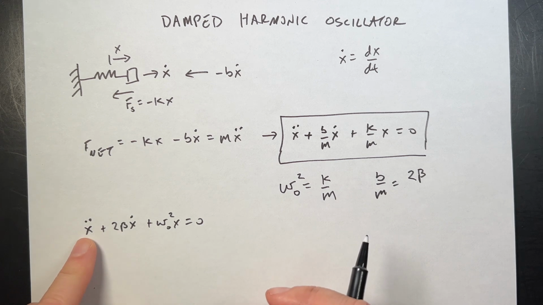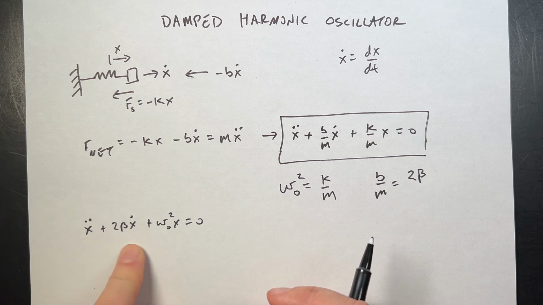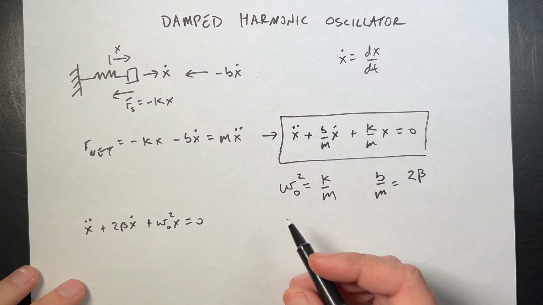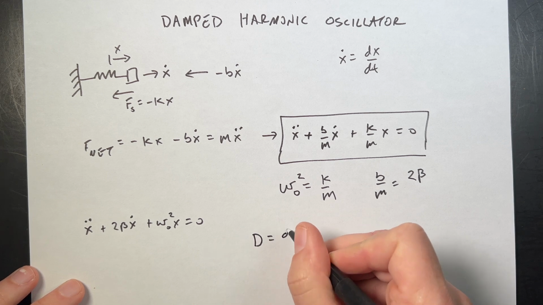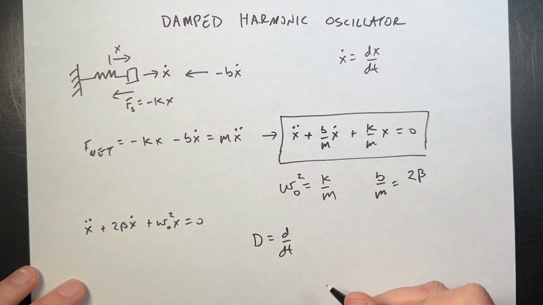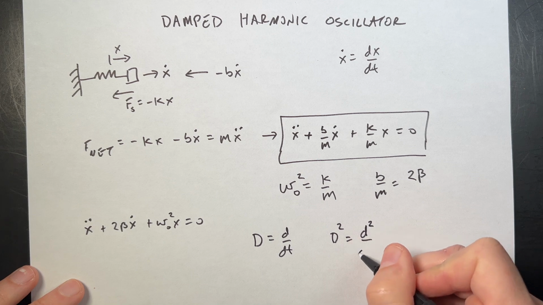Okay, now let's do another substitution. I have x double dot, the second derivative, I have x dot, the first derivative, and I have x. So we can make this look like a quadratic equation if I define the operator D as the derivative with respect to time. Then D squared is the second derivative with respect to time.